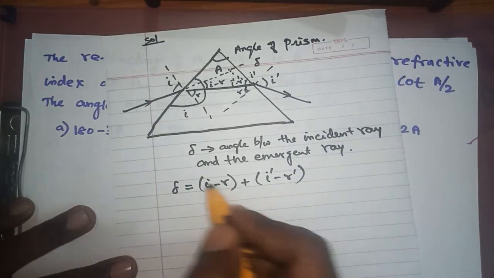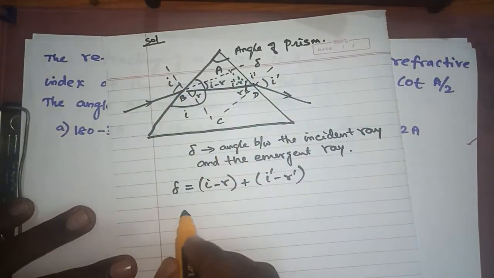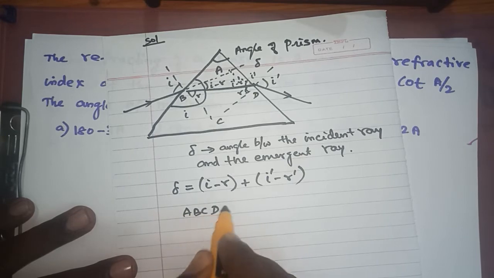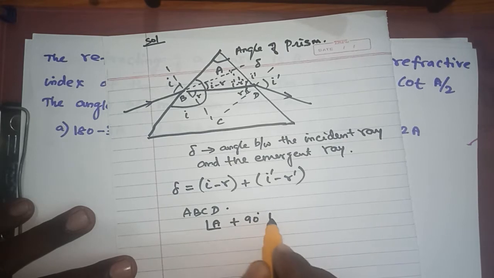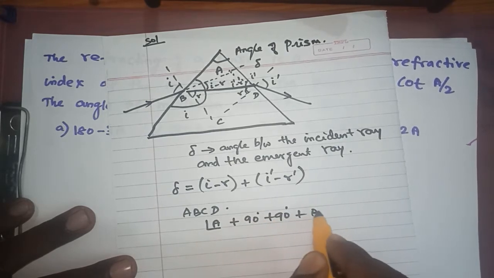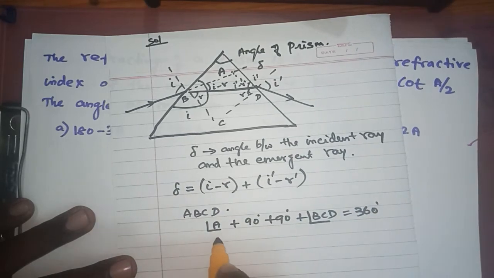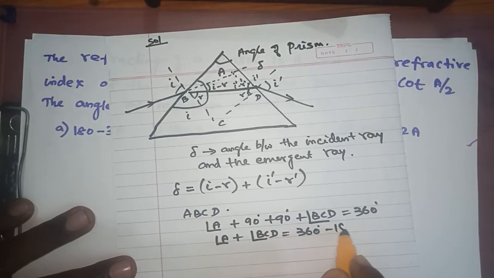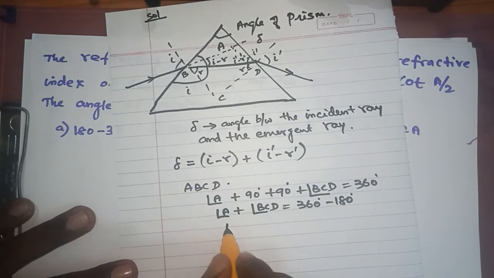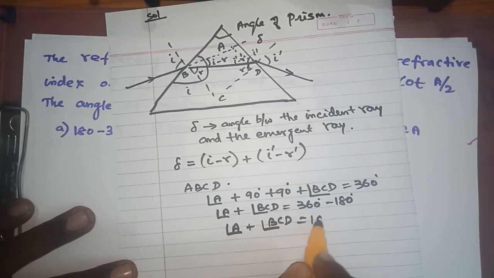If you take this quadrilateral A, B, C, D, you will get the angle of prism A plus 90 degrees plus 90 degrees plus angle BCD equal to 360 degrees. So angle A plus BCD is equal to 360 degrees minus 180 degrees, so A plus BCD is equal to 180 degrees.